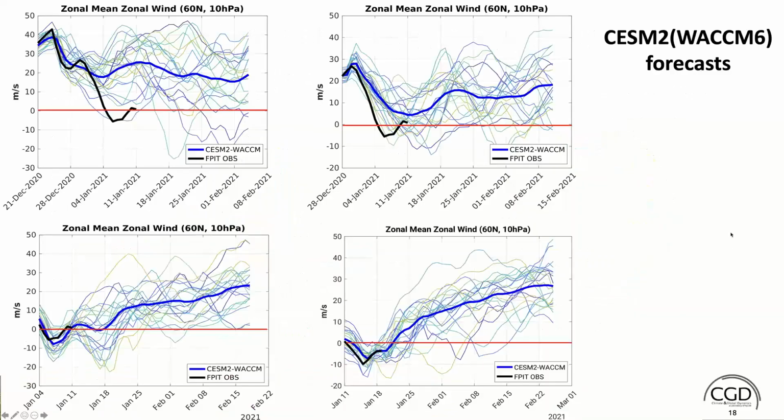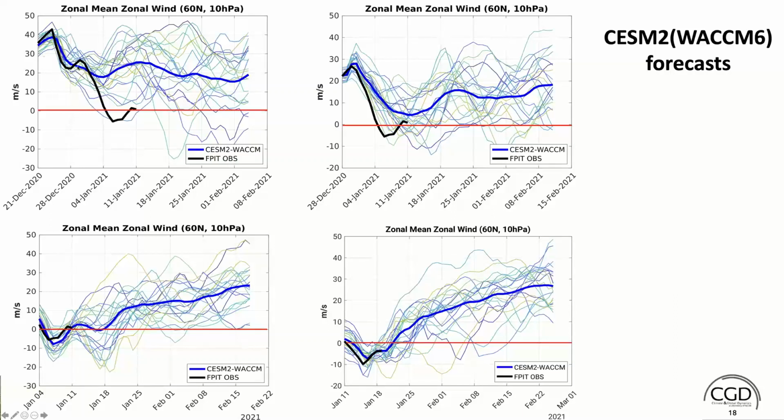Okay, so firstly, how did we do catching the warming? I think we did pretty well. Sudden stratospheric warmings are predictable 5 to 15, maybe sometimes 17 days out. So I'm showing you different forecasts here. The top left is started on December 21st, and the black line is observations from FPIT, the fast version of MERRA. The thick blue line is our ensemble mean, and the little lines are individual ensemble members.